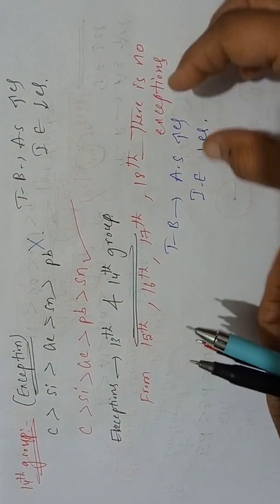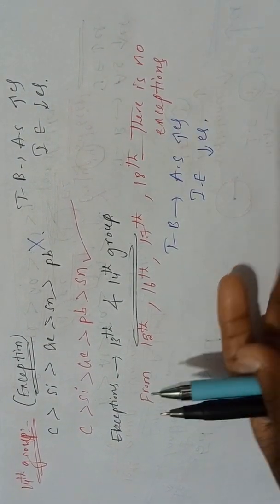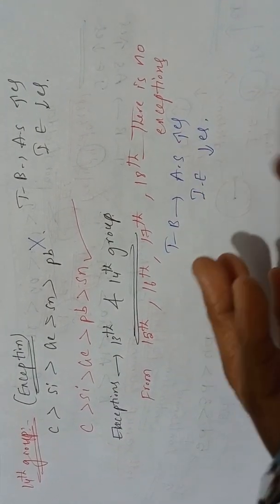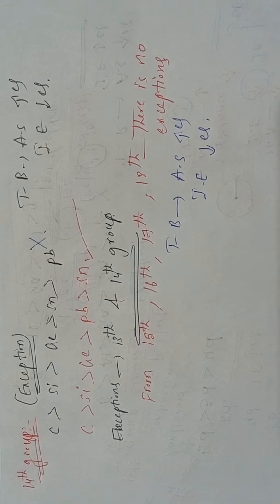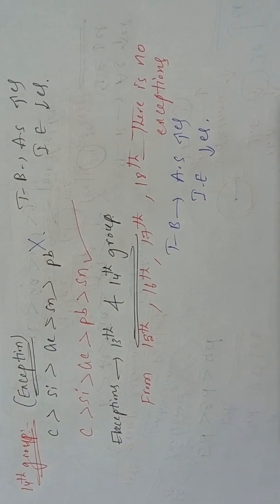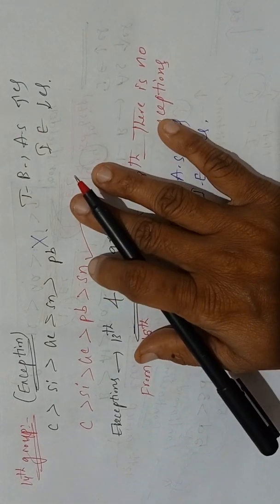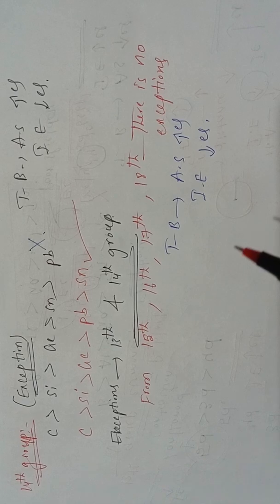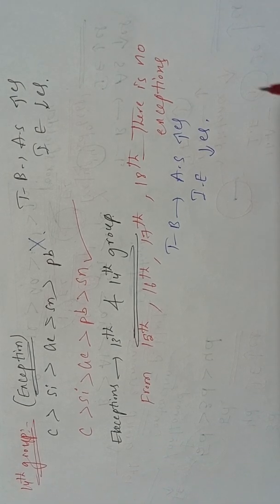This is the trick you have to remember, students. In the 15, 16, 17, 18th groups there are no exceptions. Only two exceptions, in the 13th and 14th group. These orders you have to remember, students. So this is about the variation of ionization energy in periods and groups.